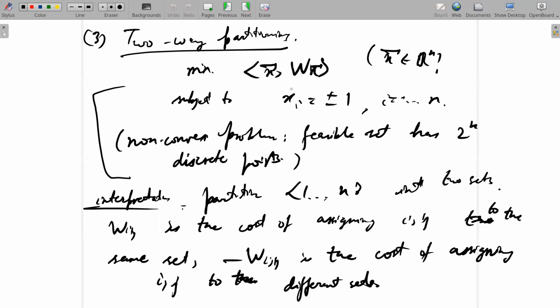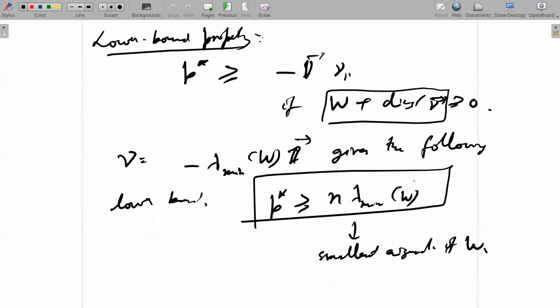If you exchange i and j, it doesn't matter. The problem is interpreted the same way. Sending i, j to the same set is the same as sending j, i to the same set. So W is a symmetric matrix and has all real eigenvalues. So this inequality is a non-trivial lower bound for the minimal score.